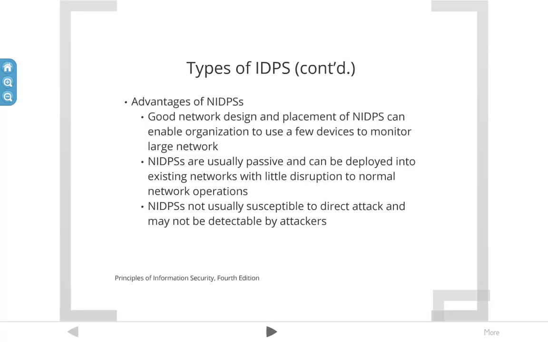While host-based systems have advantages, for example, with encrypted traffic, a lot of times the decryption takes place on the host, and so you can actually monitor that traffic as well. But the great value of network systems is that you can basically plug them into an existing network, right? So there's no need to modify anything on the host, no need for other people to know that the system is in place. All those are great advantages of network-based intrusion detection and prevention systems.